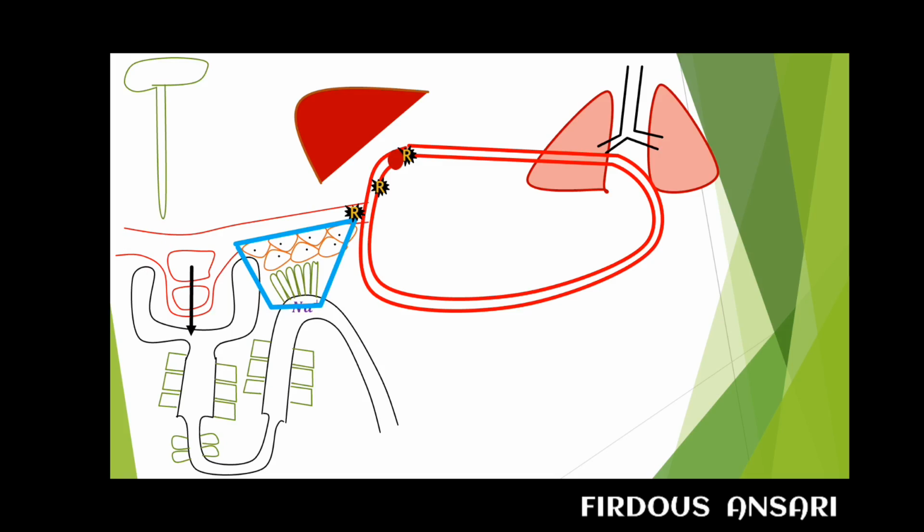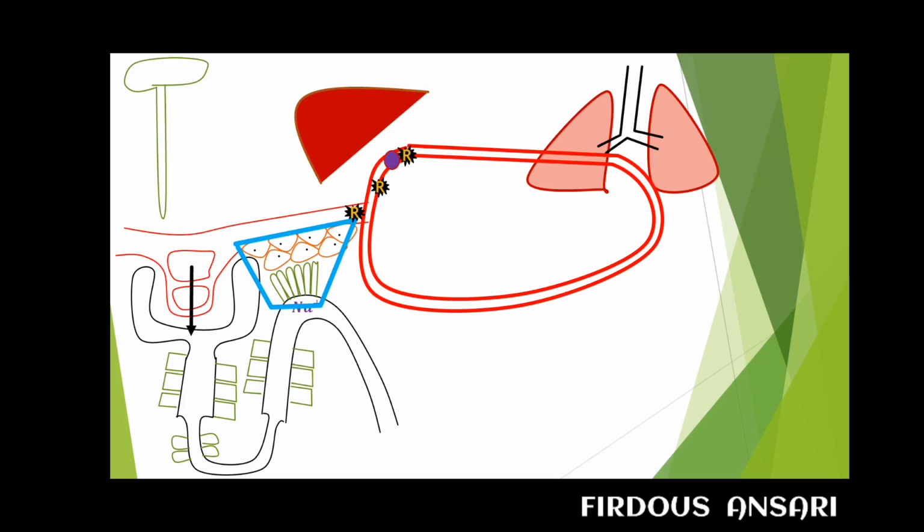The liver is a site of protein synthesis, and it synthesizes one of the alpha 2 plasma proteins, angiotensinogen. Even now, while you are sitting, angiotensinogen is being released from your liver. But now renin is also present in the blood circulation, and this renin will act on angiotensinogen and convert it into angiotensin 1.